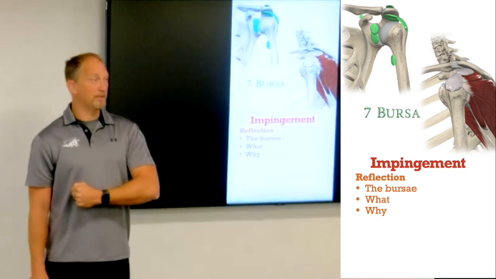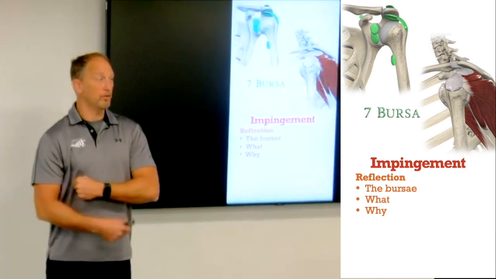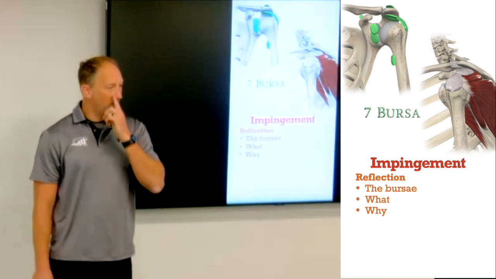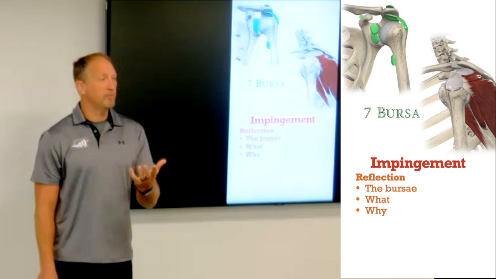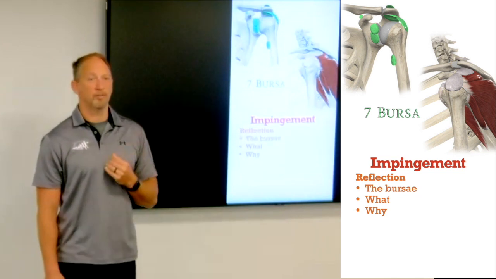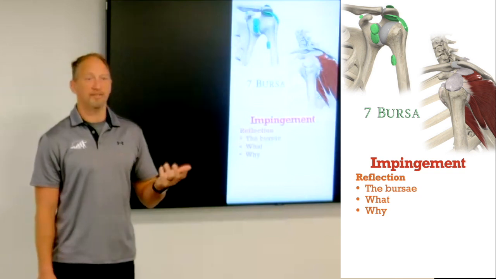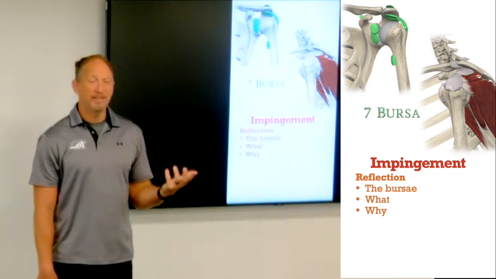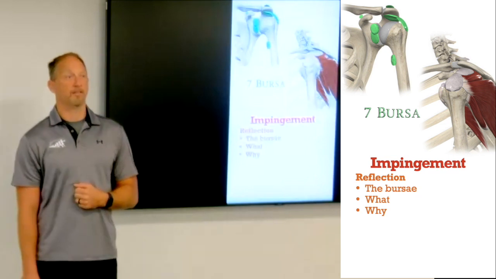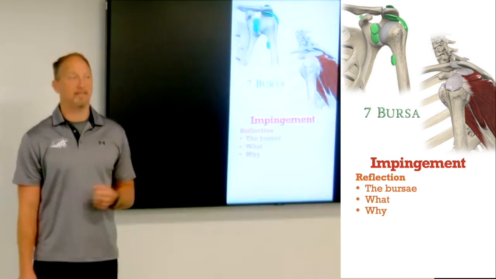We want them up in their sling to protect the shoulder, to protect that repair when they're up, moving, doing stuff. But most people, after they have surgery, their activity level is going to drop considerably, because, A, it doesn't feel good, and B, it's inconvenient to do a lot of things. So we spend a lot of time sitting in our chairs, sitting on the couch, because it's easier.